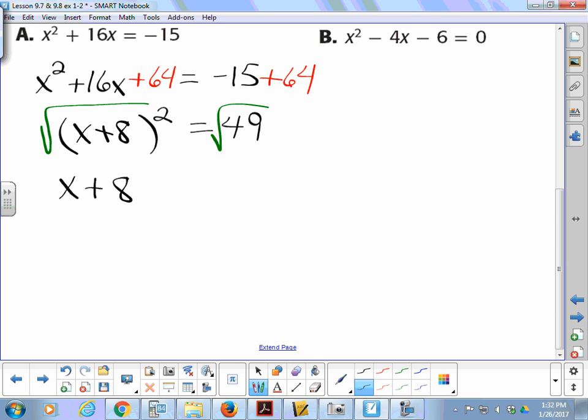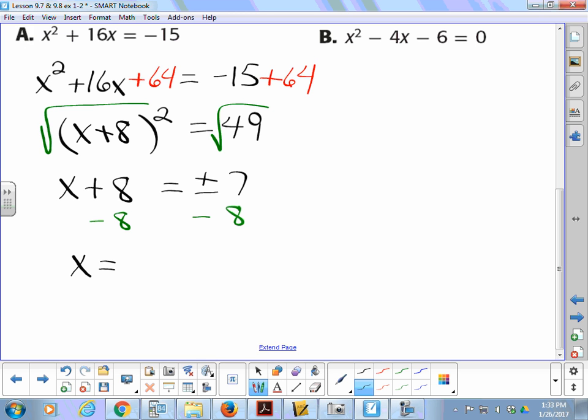When I take the square root, the square is gone, so I still have x plus 8. And since I'm solving the equation, I get plus or minus 7. And then we subtract 8 from both sides. So now we get two answers, because this is plus 7 and minus 7, or a positive 7 and a negative 7, and we're subtracting 8.